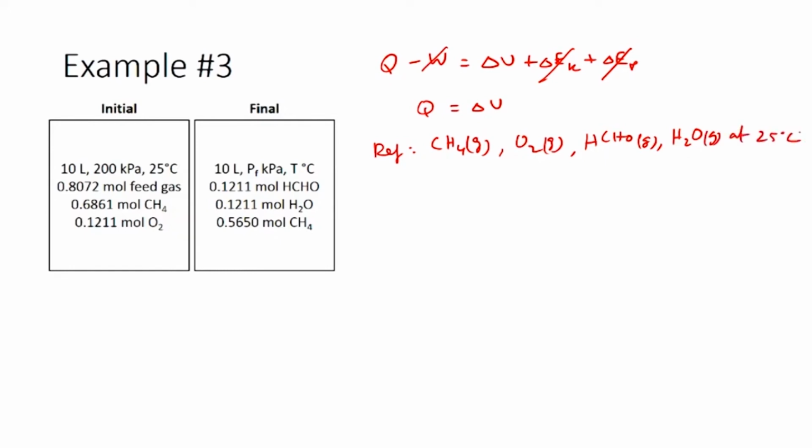Using this reference state, let us build the internal energy table. So, the table would look like this. You would have methane, oxygen, formaldehyde and water. You would have N initial and U cap initial, N final and U cap final.